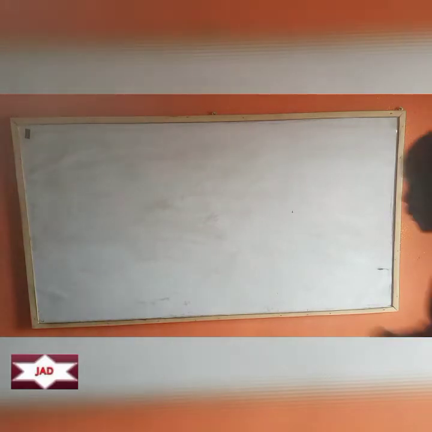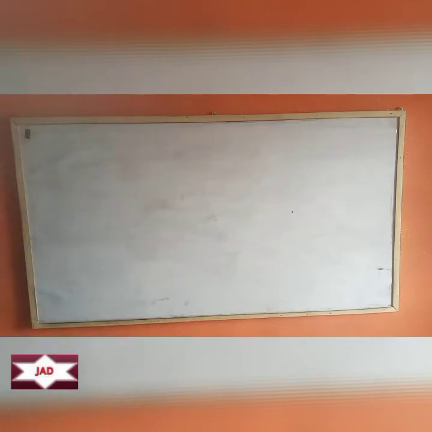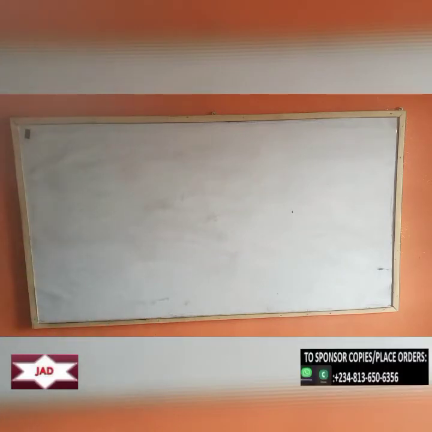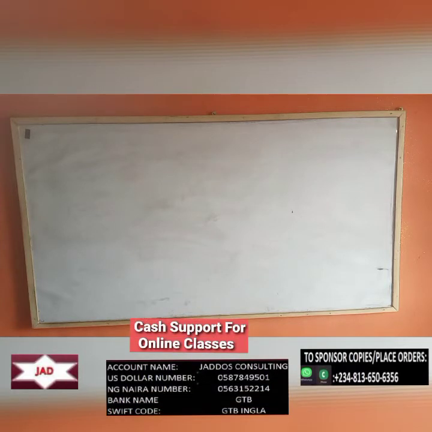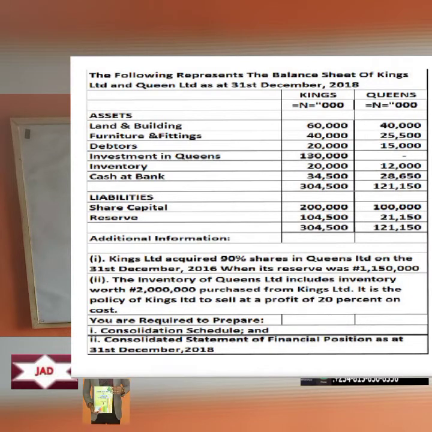All right, let's quickly take this question so we understand exactly what we are talking about here. I have an idea of where we are actually going. Okay, so the question says the following represent the balance sheet of Kings Limited and Queens Limited as at 2018.